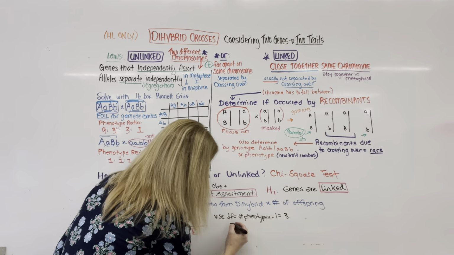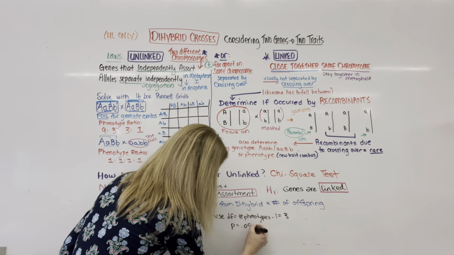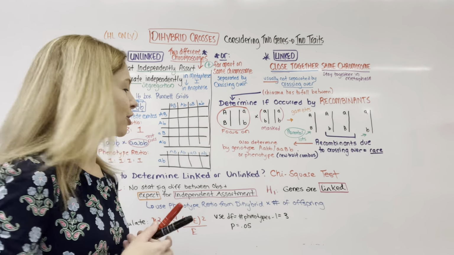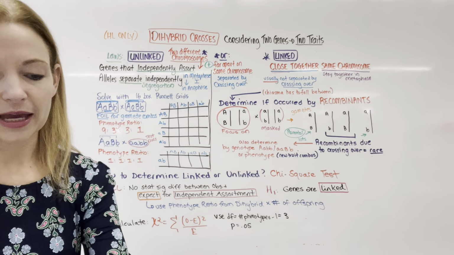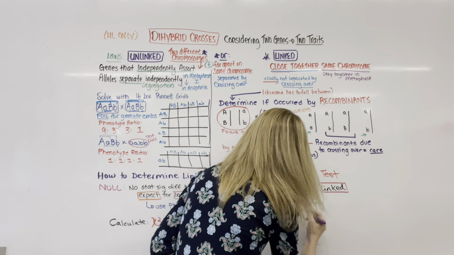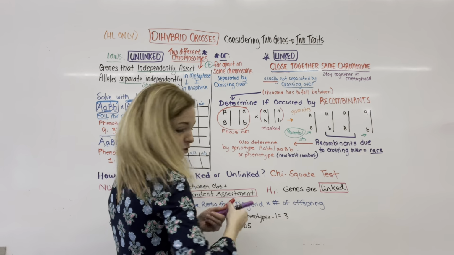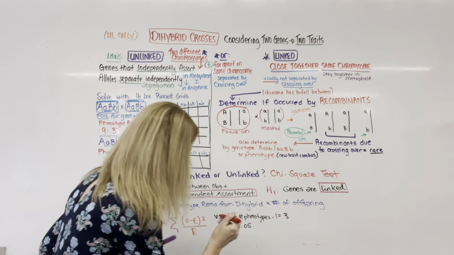And then we're going to use P of 0.05 because that's the general confidence level that we are going to use. And then you are going to make your conclusion. We're going to do that to find the critical value. So then we're going to say if chi-square is greater than the critical value, then that means we reject the null and they are linked.